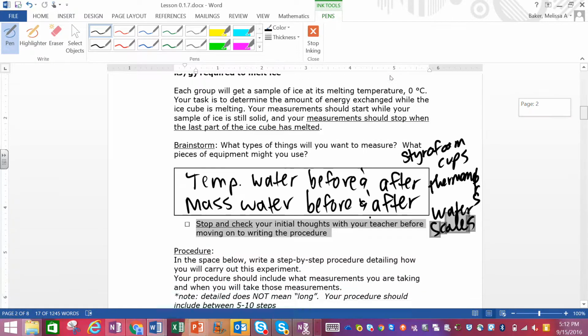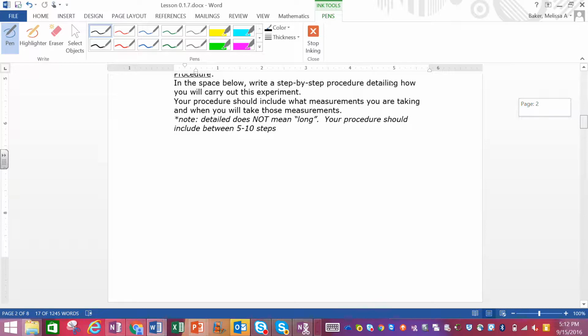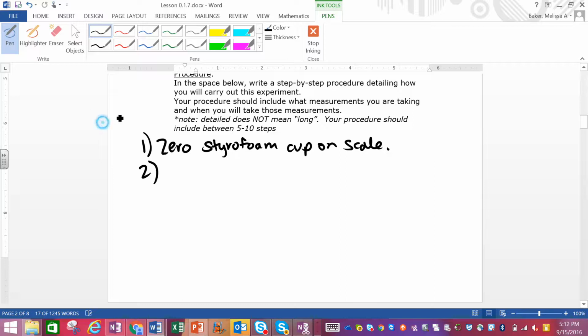So once that was checked off, people were writing out their procedure, and from what I could see, they had things like step 1, zero the styrofoam cup on the scale. Step 2, add 100 grams of warm water.